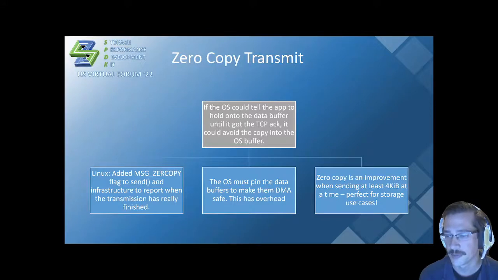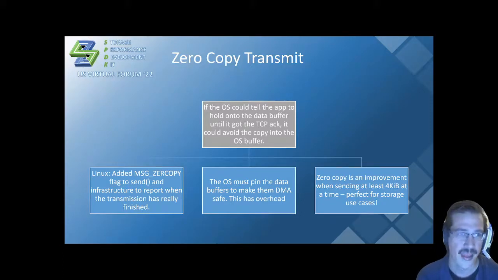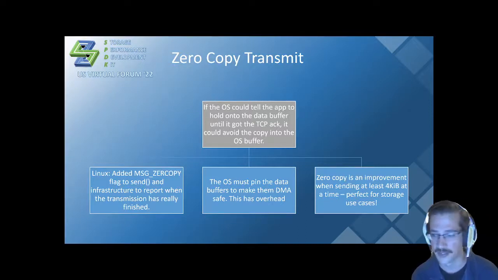But the smallest amount of data we're ever going to send is 4K anyway. So SPDK elects to always turn on zero copy transmit. There are knobs to turn it off if you're on a platform where the pinning is very expensive. But it's almost always a benefit. And of course, at 8K, 16K, 32K, the benefit gets really enormous. So it's a big improvement.